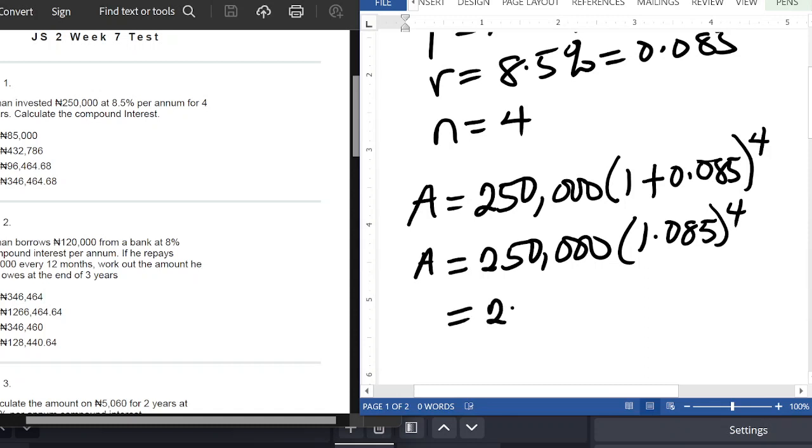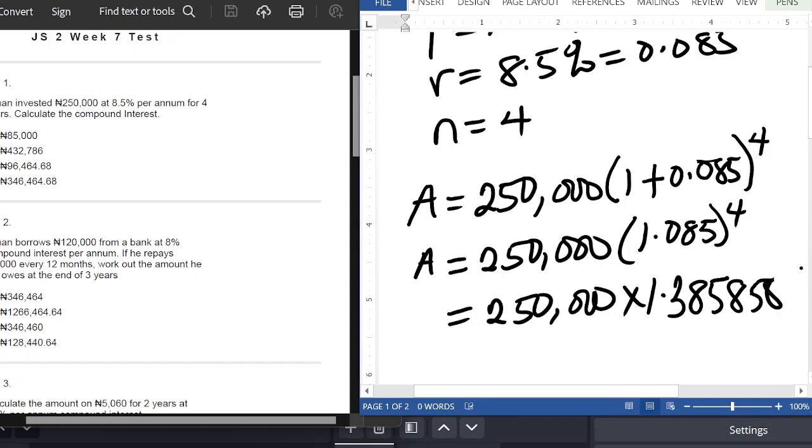So we then have 250,000 multiplied by 1.085 raised to 4. So that's what we're going to do now. 1.085 raised to 4 gives 1.3858.